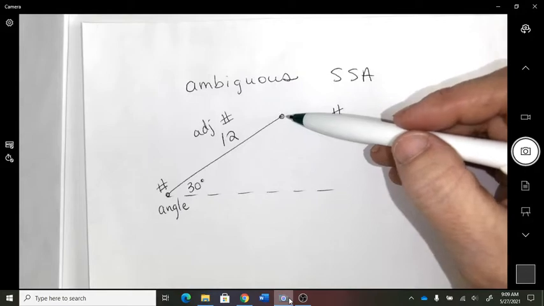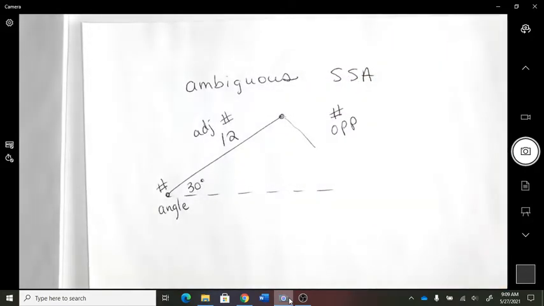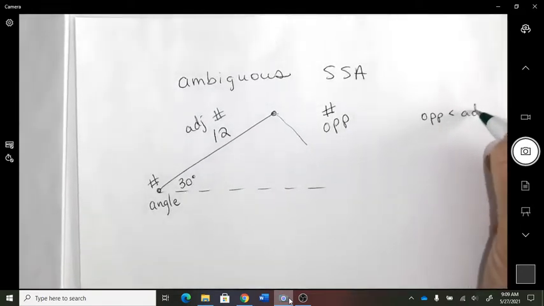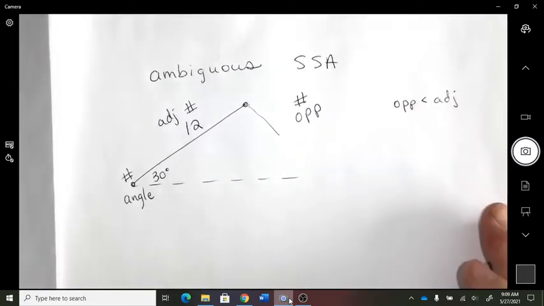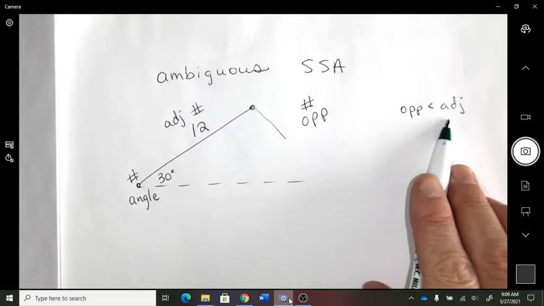This side could be so short that it is not going to make a triangle. So the opposite side could be shorter.